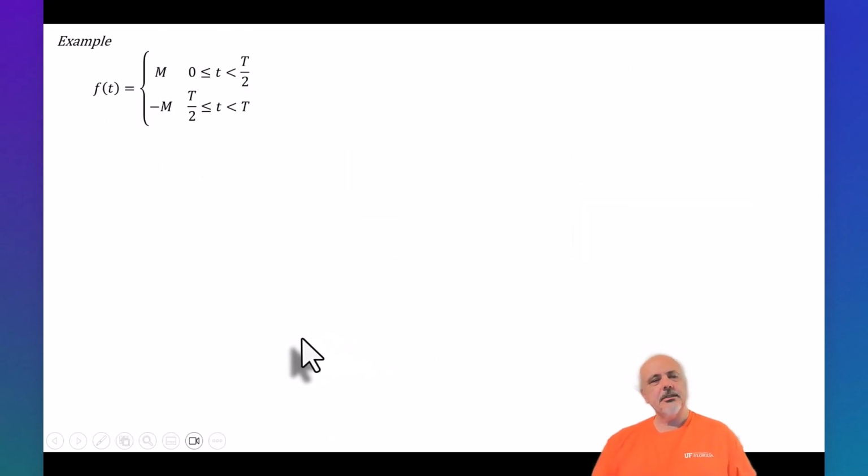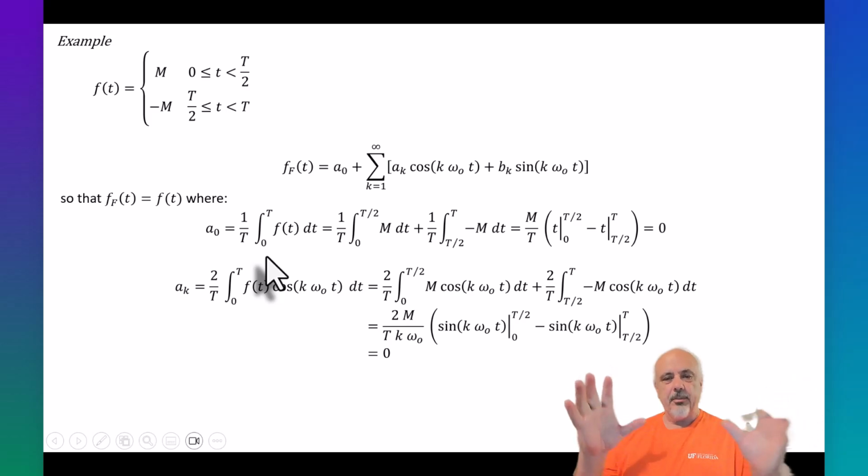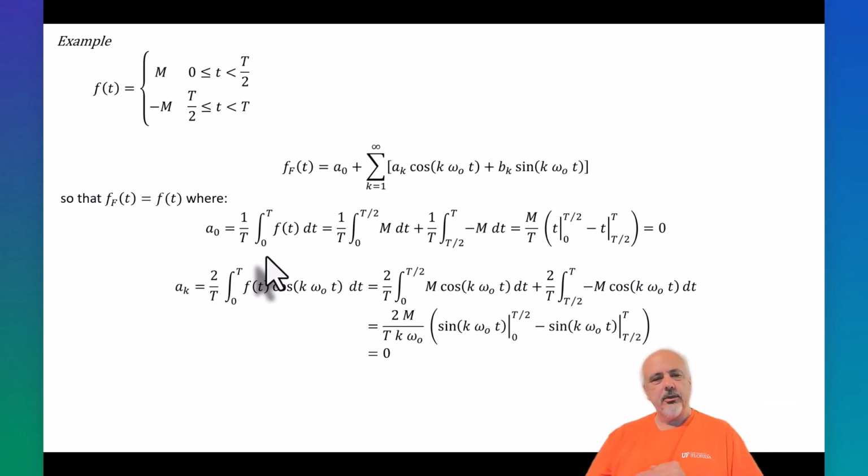Okay, so let's take this example of the square wave and go through and see what that Fourier series looks like. This is very interesting. I just rewrote this, but I'm going to break out these integrals, and we'll have to do it piecewise because of the discontinuities.